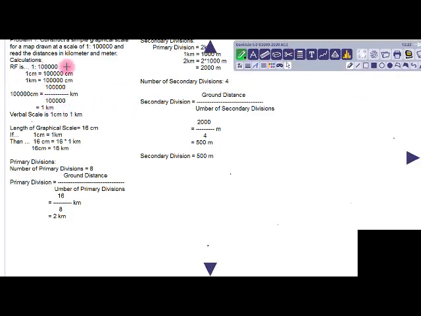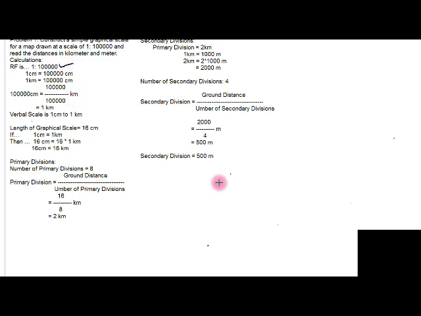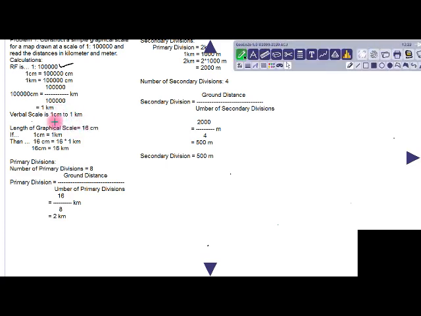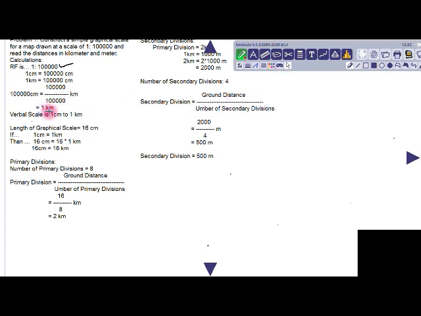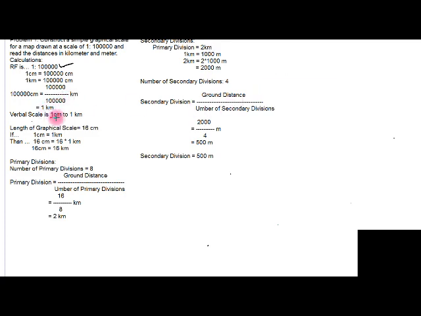You should know that we have an example where the RF was 1 is to 1 lakh, and based on that we found the statement scale, which is 1 centimeter to 1 kilometer.